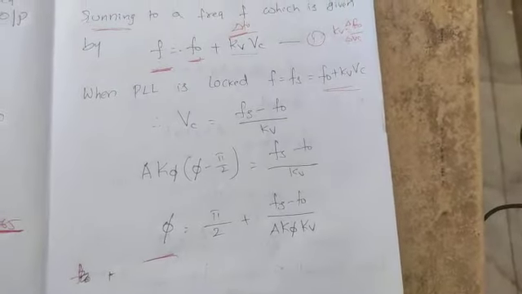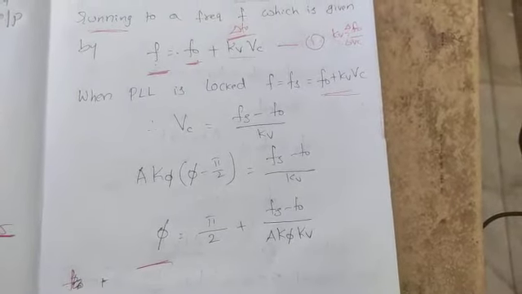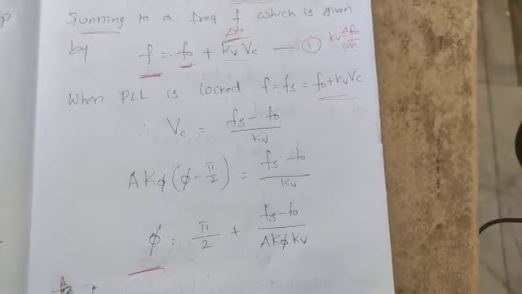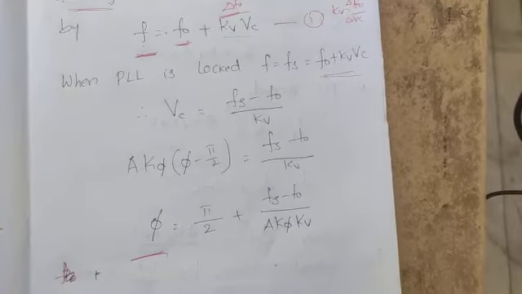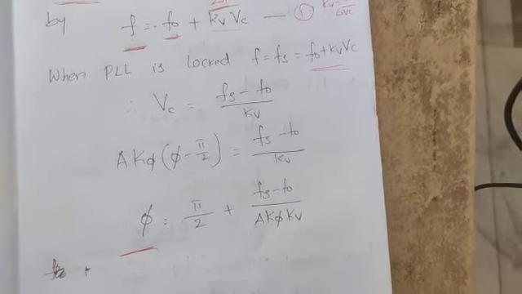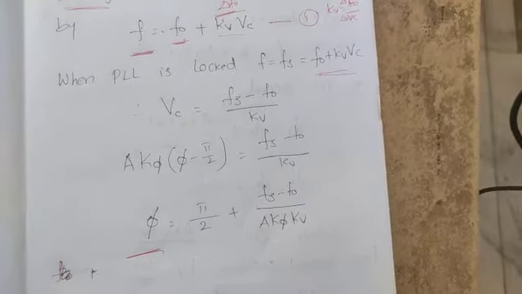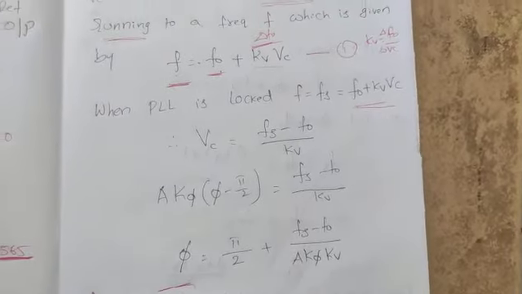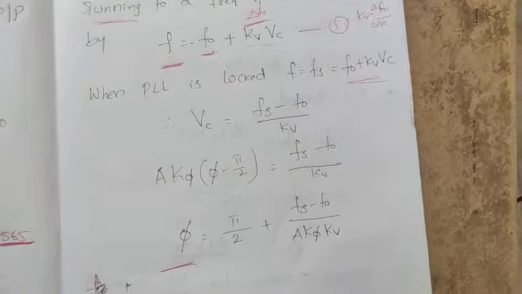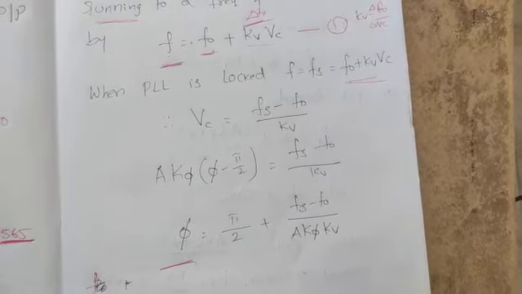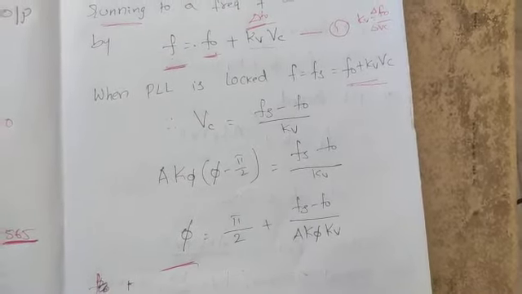As we discussed in the balanced modulator, in order to make Fs equal to F naught, the phase angle must be 90 degrees. What we discussed in the morning is that the phase difference between the input signal and the output signal of the VCO should be 90 degrees.